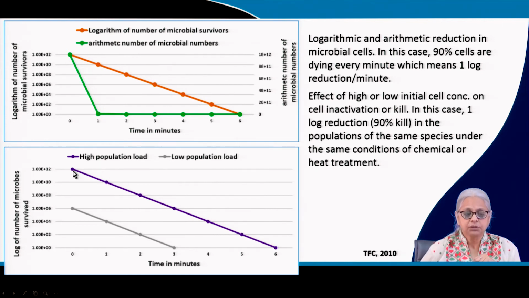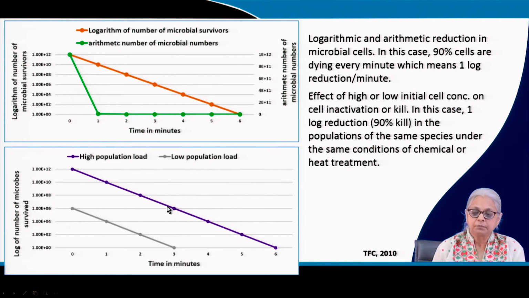In the case of the 10 to the power 12 cells per ml, or whatever the unit is, how much time does it take to get the same log reduction? 6 log reduction, from 12 to 6, is again in 3 minutes. So under the same conditions, temperature conditions, chemical concentration conditions, the same species should give you the same result.